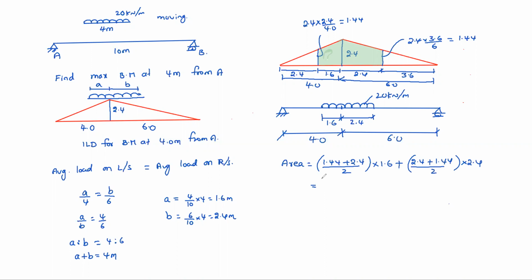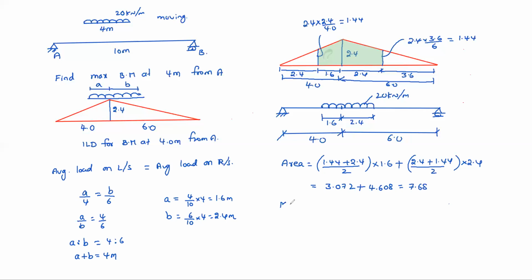1.44 plus 2.4 by 2 into 1.6 equal to 3.072, plus 2.4 plus 1.44 by 2 into 2.4 equal to 4.608. 3.072 plus 4.608 equal to 7.68 is the area.